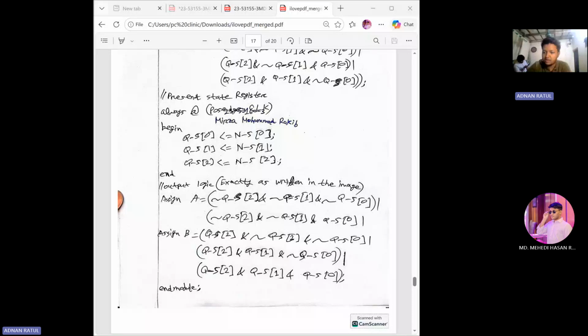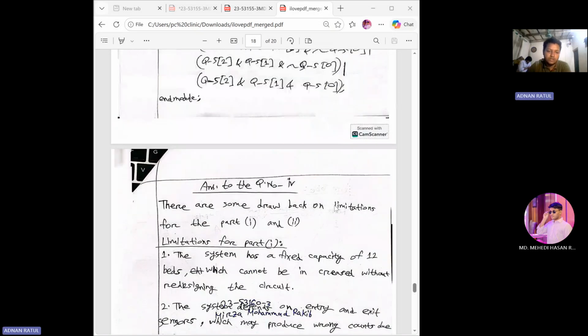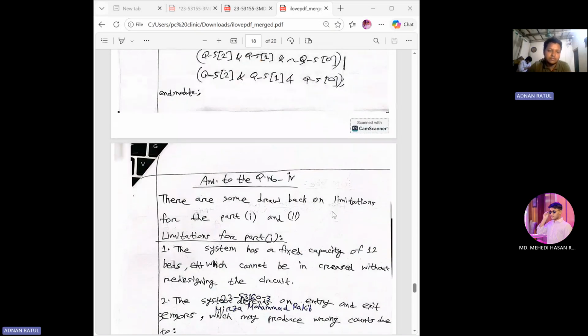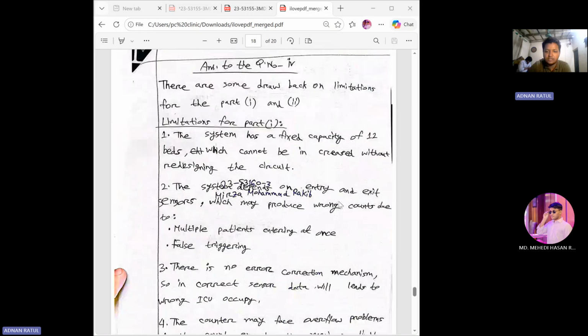Output B is for states 100 to 111, these are the TL states. Both outputs are expressed as sum of products in assign statements. So here is the ending of question number 3. Now I will describe the answer to question number 4.